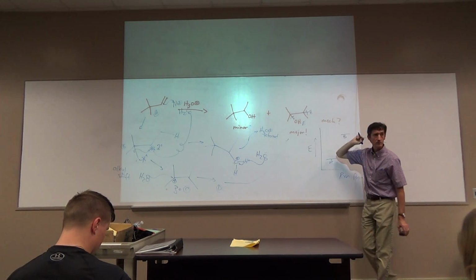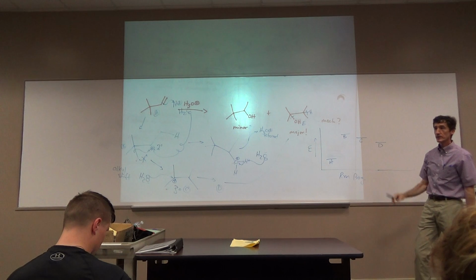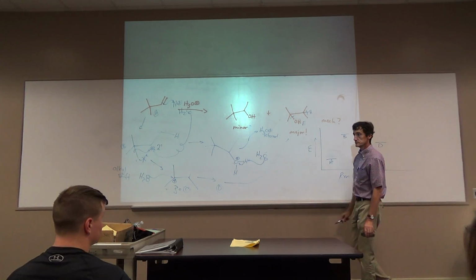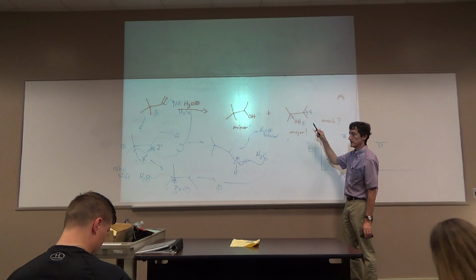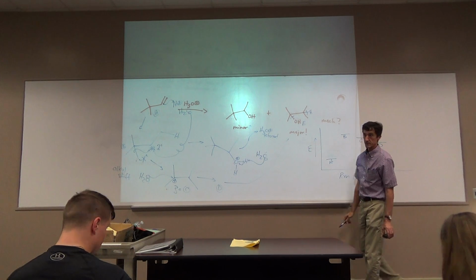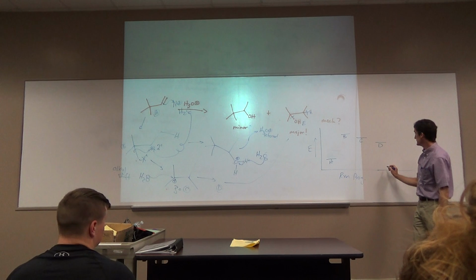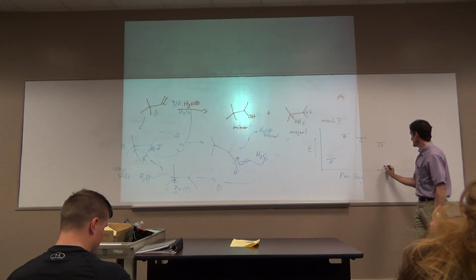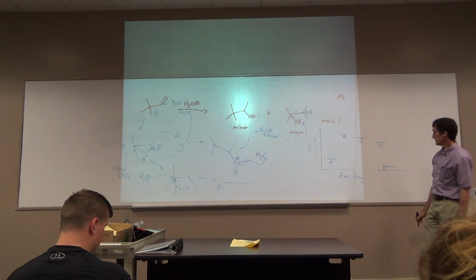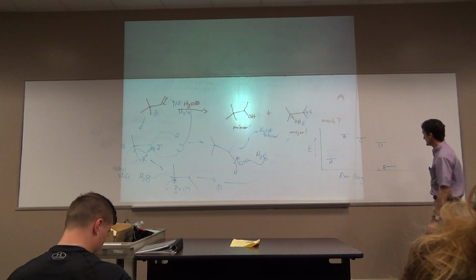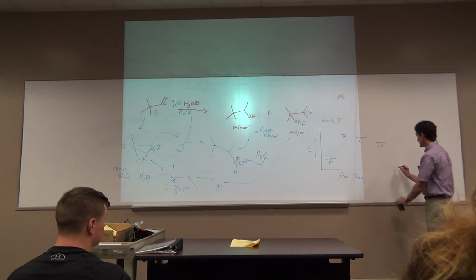Is it stronger bonding or weaker bonding? Stronger. Stronger bonding is lower energy. It should be lower energy, so I'm going to put it down here for something maybe like this, E. I could have moved it over a little bit.